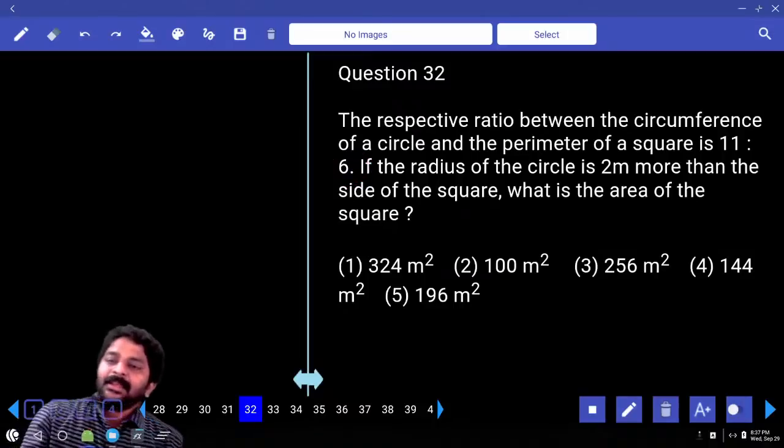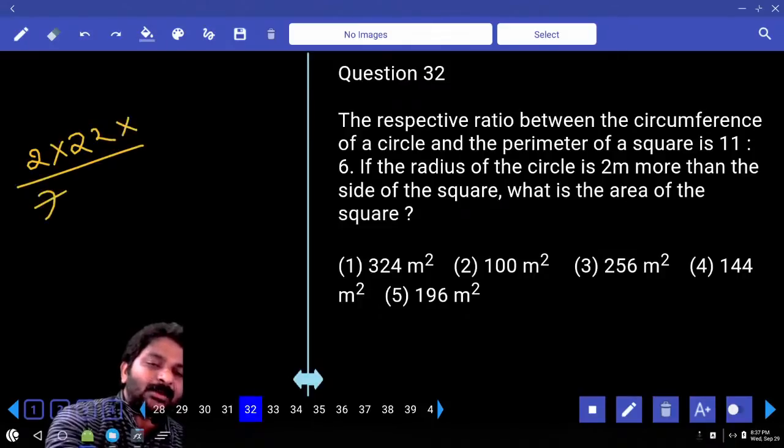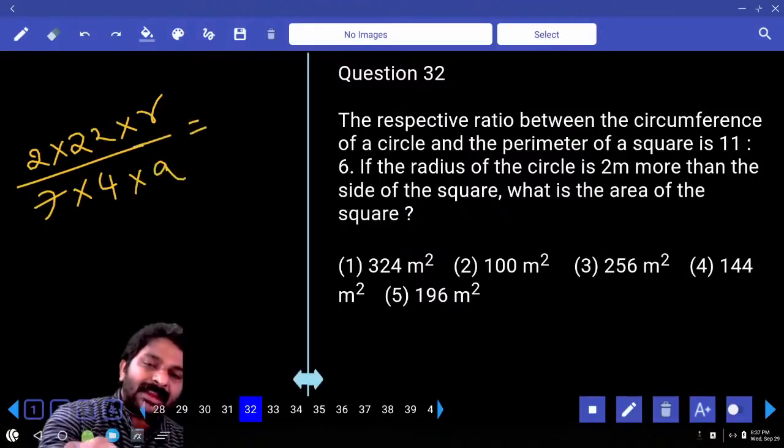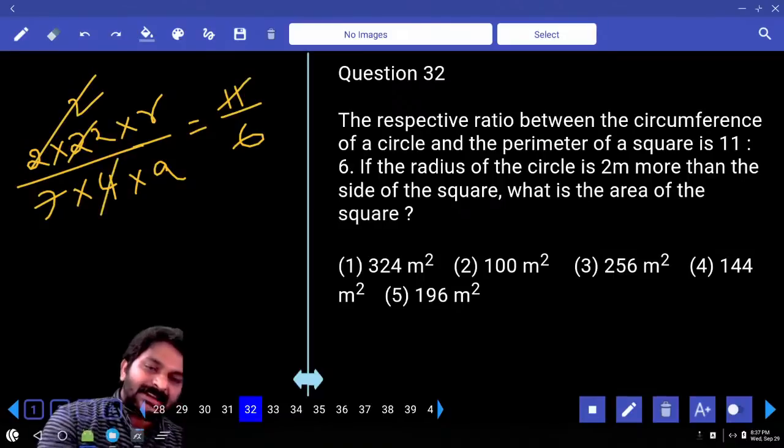Anyway, you are given the ratio between the circumference of the circle, that is 2 pi r, 2 into 22 by 7 into r, and the perimeter of the square, which is equal to 4a, that is 11 divided by 6. 11 2 times, 2 into 2 is 4, gets cancelled. R by A is equal to 7 by 6.